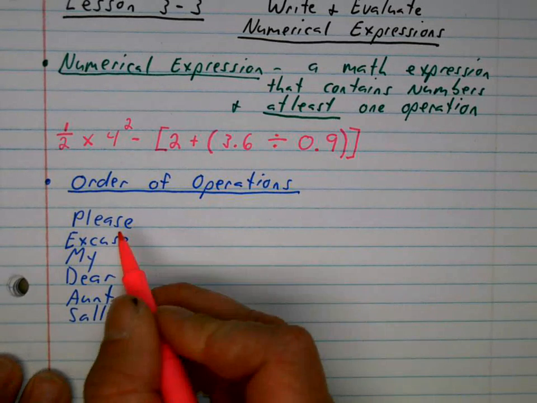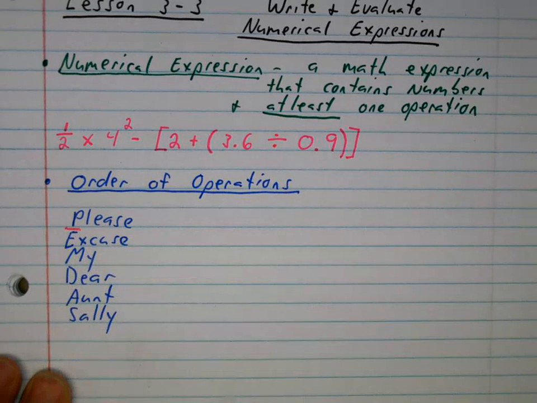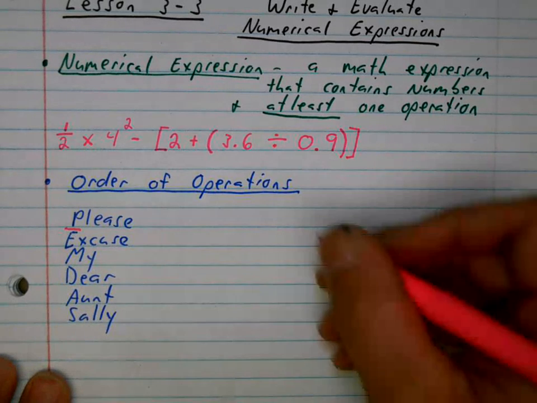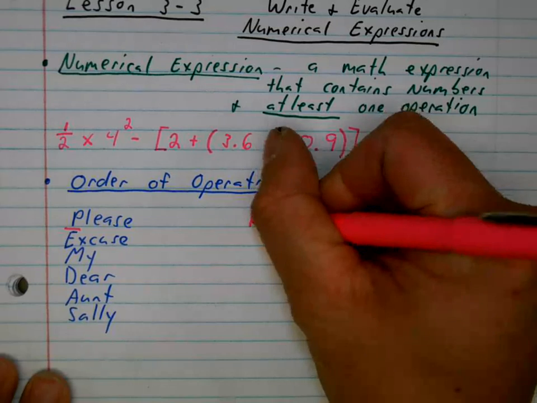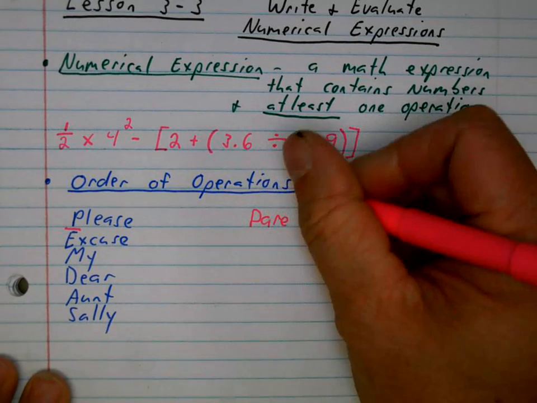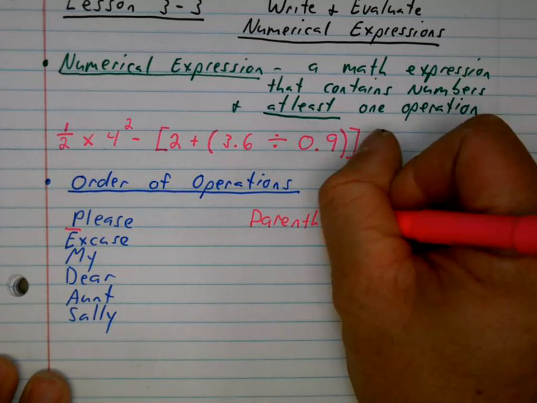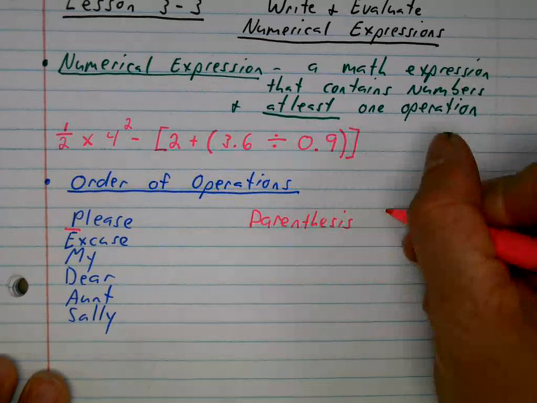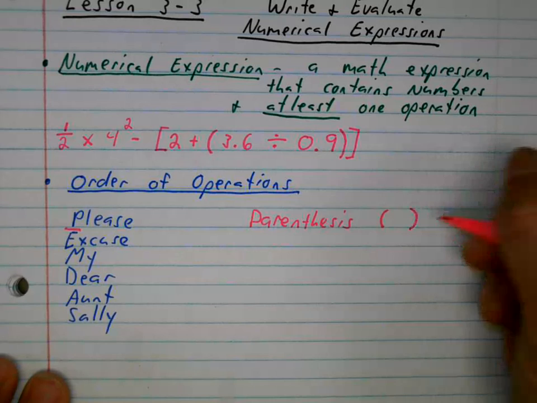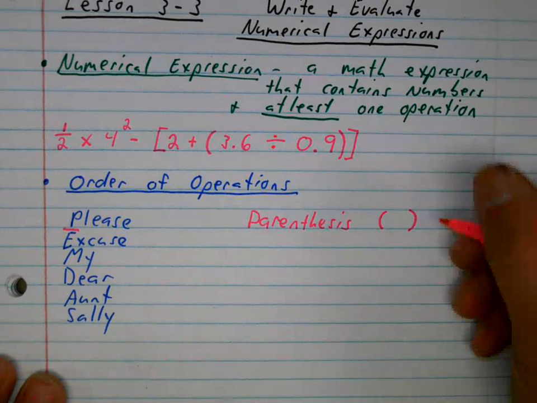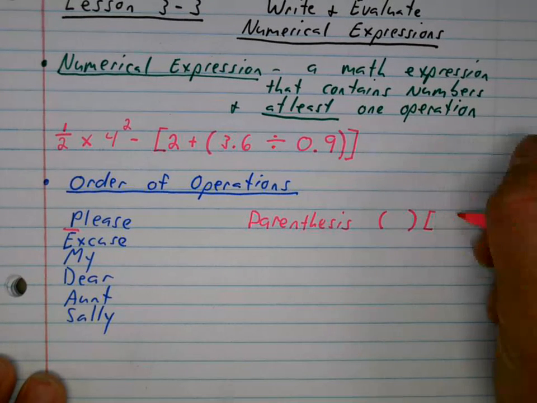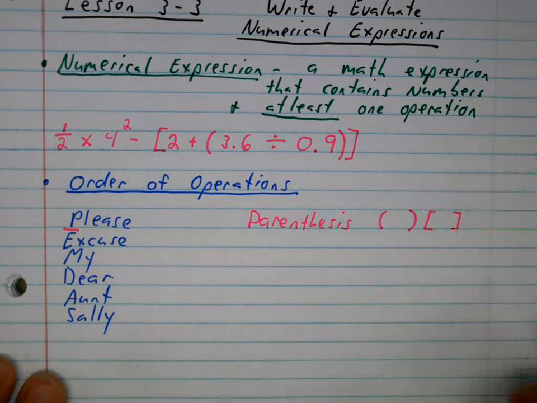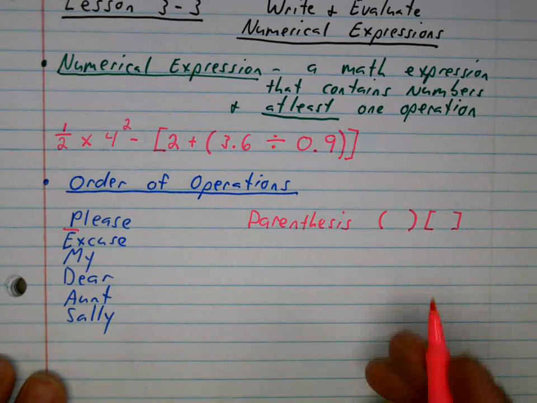So we'll start with the P in please. That stands for parentheses. So I'm going to draw some parentheses right next to it. This also stands for brackets, and brackets are kind of just like square parentheses.